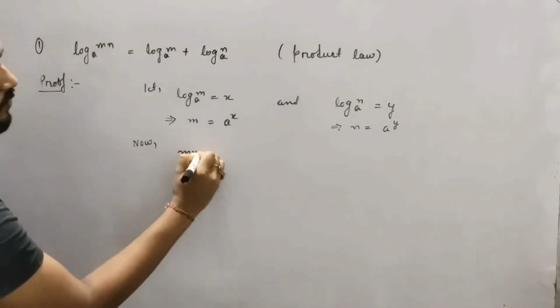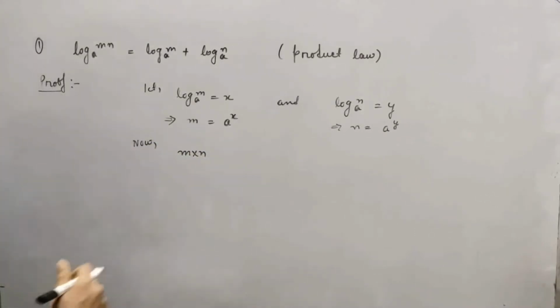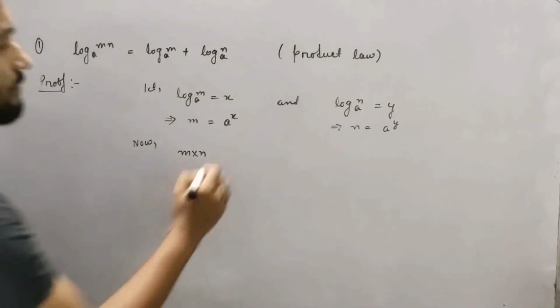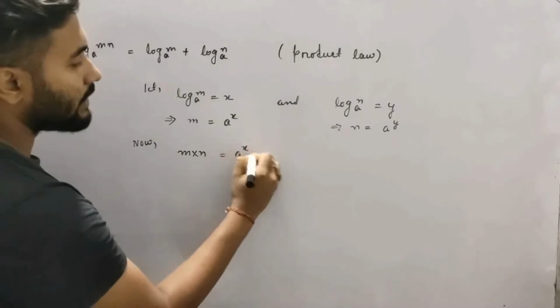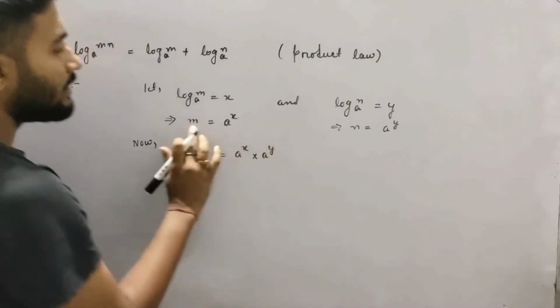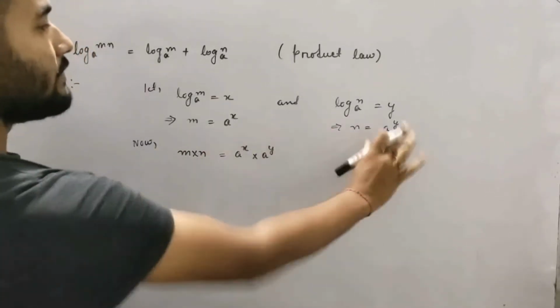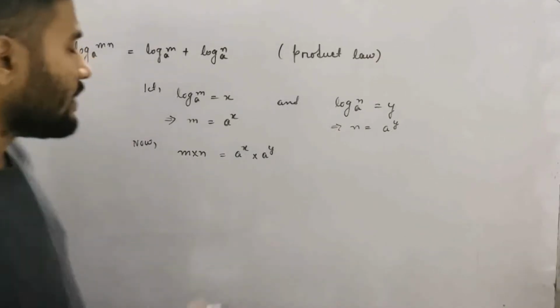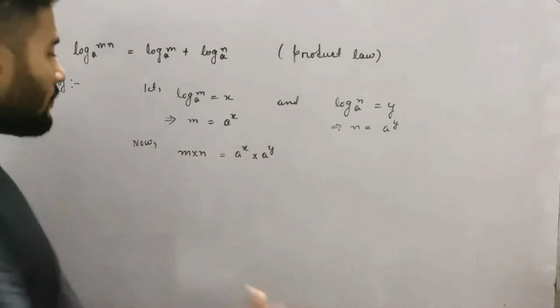Now if I do m into n, it means a to the power x multiplied with a to the power y. Left hand side into left hand side equals right hand side into right hand side. So mn will be equal to a to the power x into a to the power y.